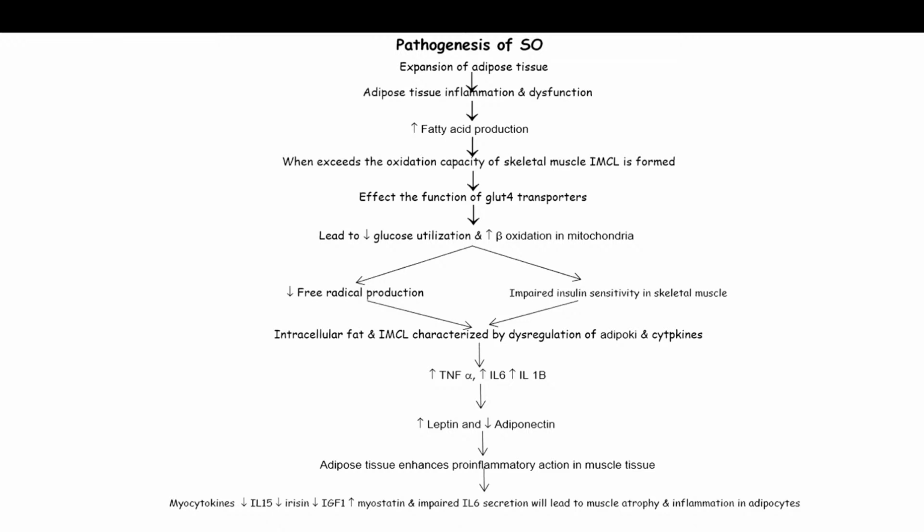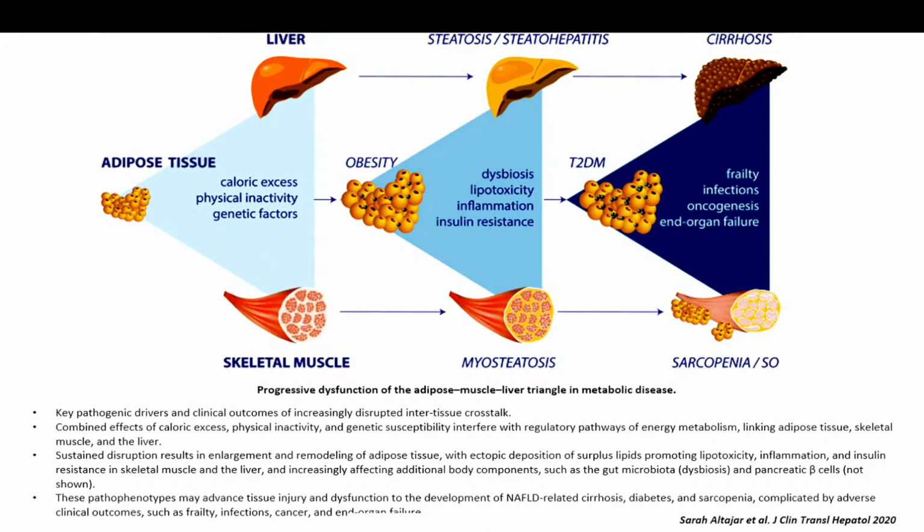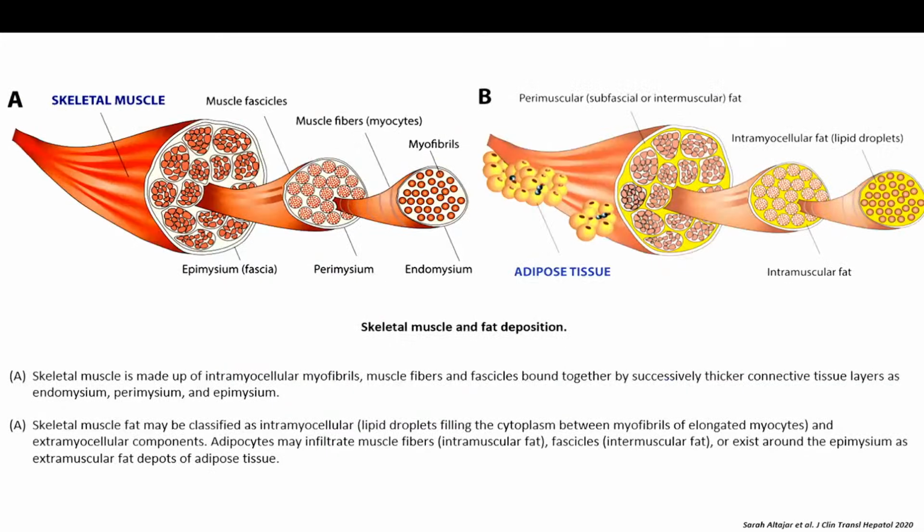Adiponectin actually has a positive impact on insulin resistance. So once adiponectin is less, this will affect the liver as well, because receptors are there in the liver cells also. This is how fat is deposited and ultimately leads to liver involvement.